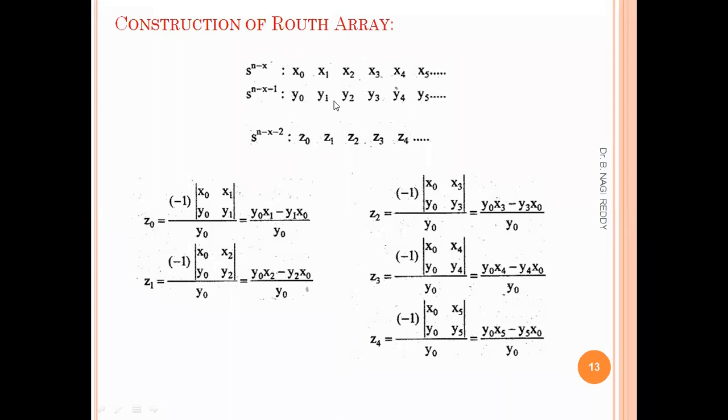So if one of the previous rows, suppose this row, is entirely zeros, then you can see y naught exists in all the parameters like z naught, z1, z2, z3. That means if y naught is 0, y1 is 0, y2 is 0, y3 is 0, now you will get 0 by 0. Then how can we process this Routh array?